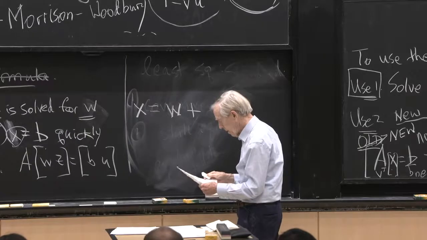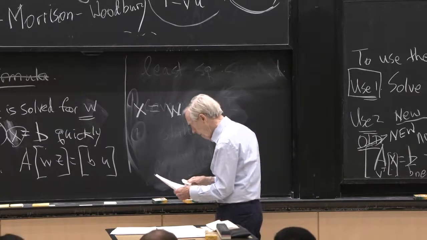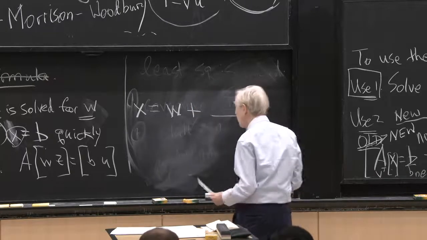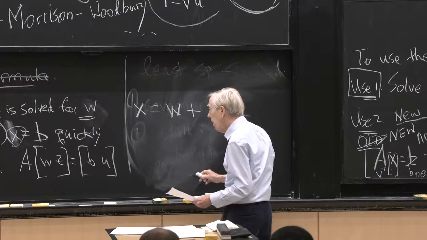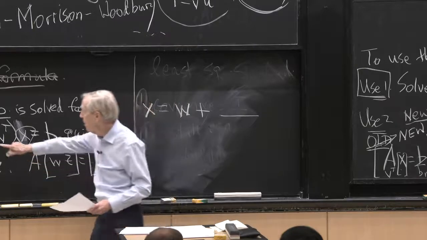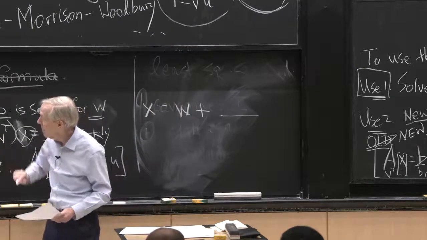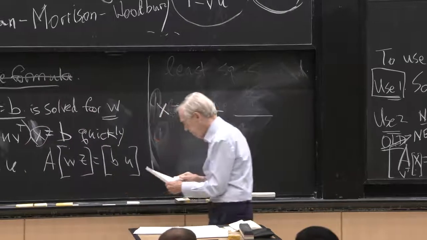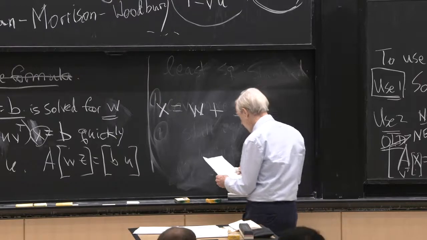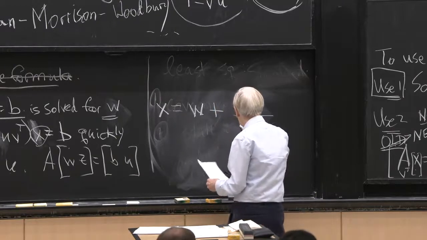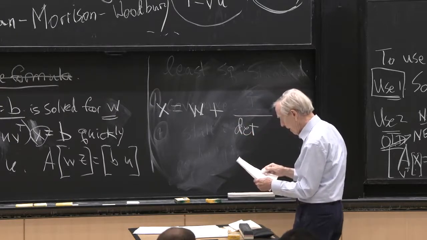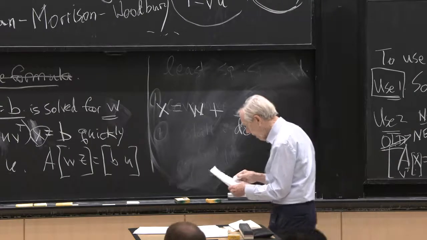But to get this answer, I have to divide by that determinant, wherever it was. I'm sorry, I'm using an A here, and I haven't given you the formula for A. So that'll have to wait. So I'll put determinant here. Sherman-Morrison-Woodbury figured that out. And then, oh, I'm sorry.